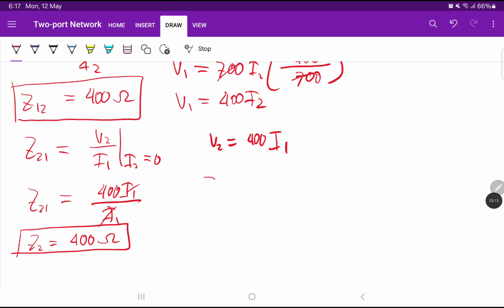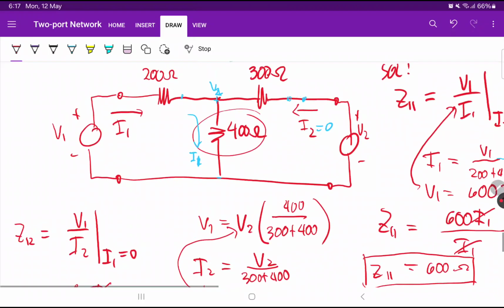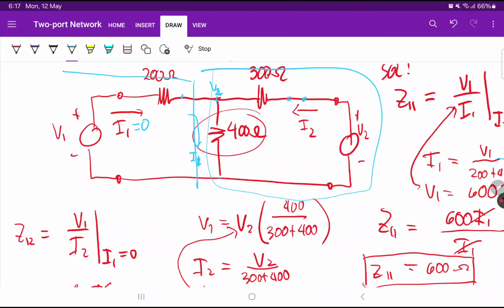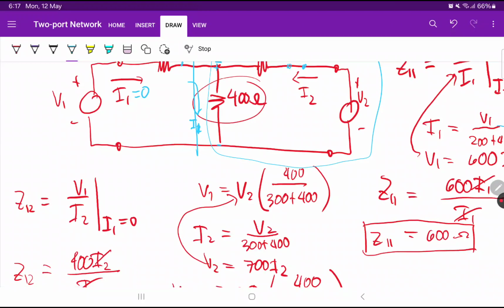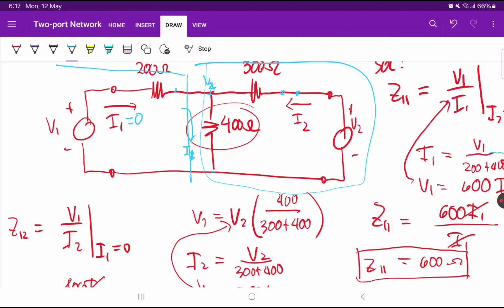And finally, for Z22. Z22 is V2 over I2 when I1 is equal to 0. So again, I1 is equal to 0. It's similar to Z11. If this is equal to 0, we remove this part here and we only look at this part here. So again, that's just a simple series circuit with 400 and 300 in series.